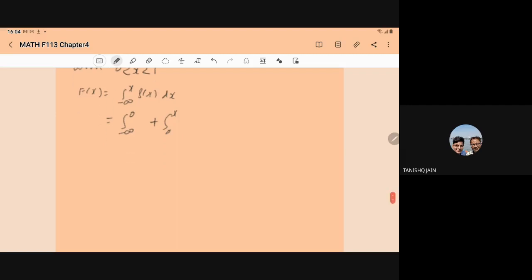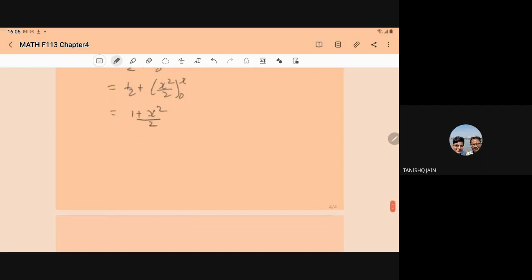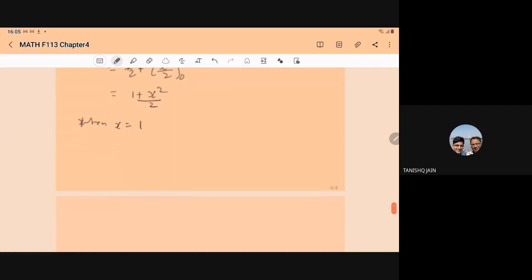For the part up to 0 we have computed a half, and for this range the integrand is x, so x dx. So half plus x square by 2 from 0 to x. So it will become 1 plus x square by 2. When x is equal to 1, F(x) will come 1.